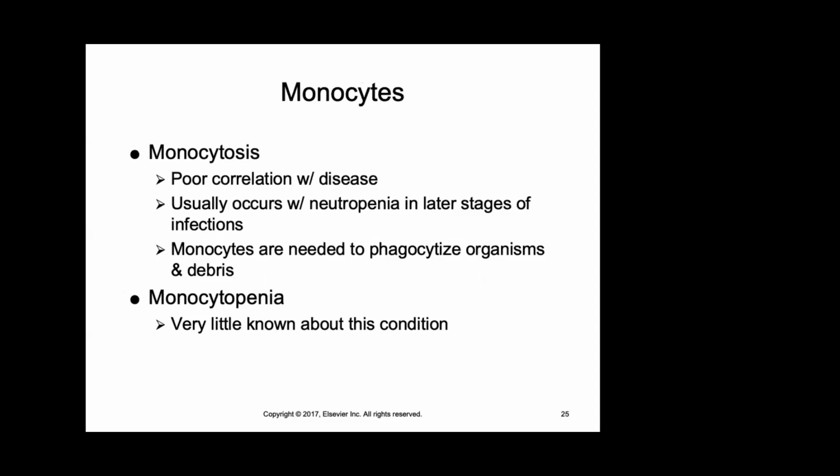Monocytopenia is a condition where the number of monocytes in the blood is lower than normal. Monocytes are the largest type of leukocyte, and in healthy adults, the reference interval for them in the peripheral blood is between 0.2 to 1 times 10 to the 9th per liter.